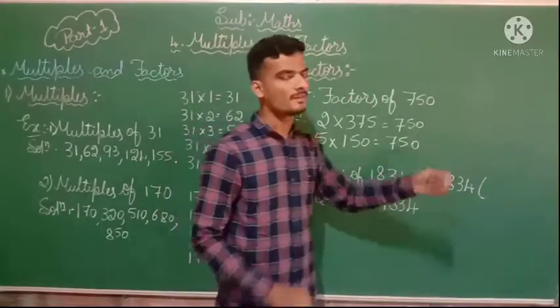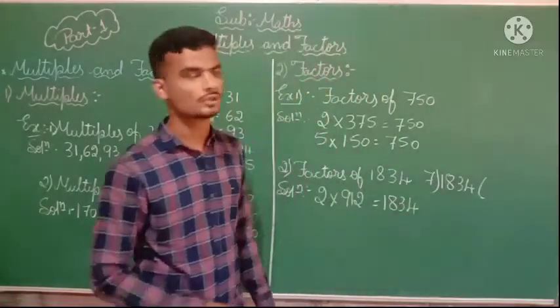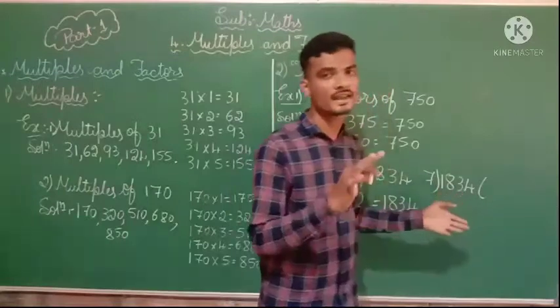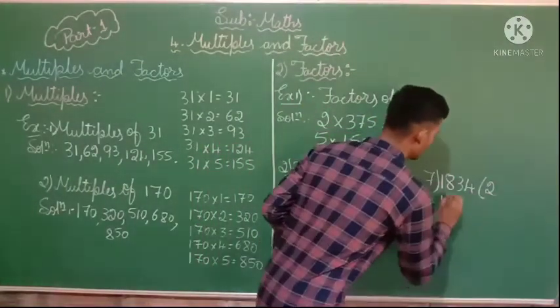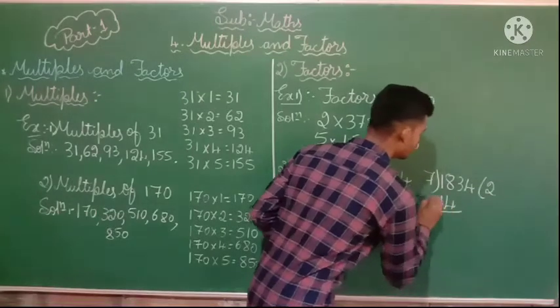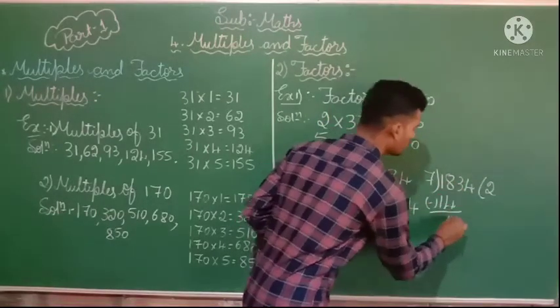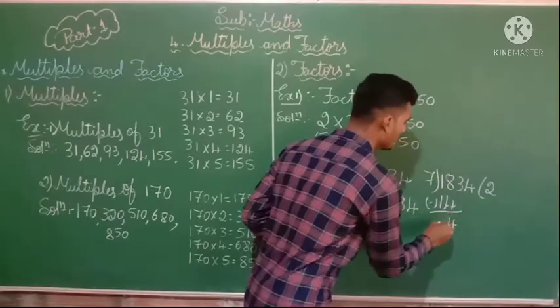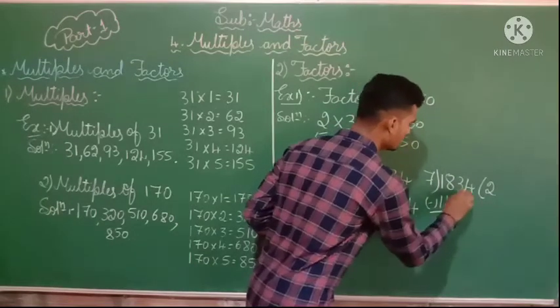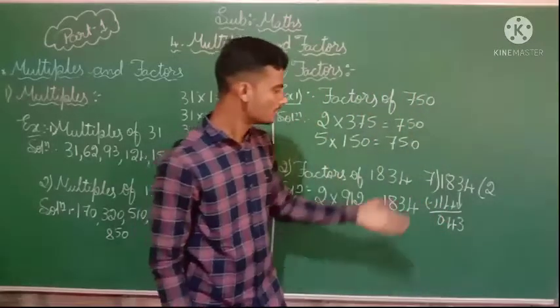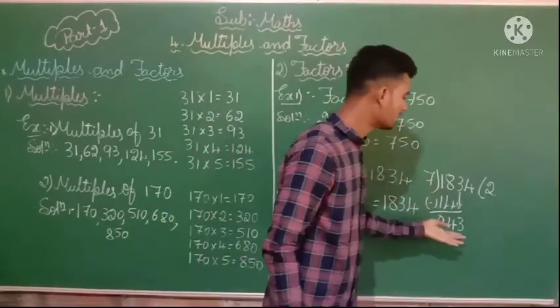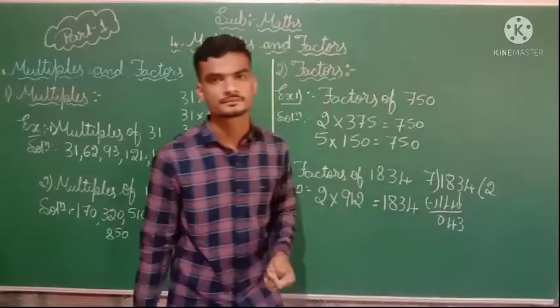Now in the 7 table will you get 18? No, you will not get 18. You will get a number less than 18. 7 twos are how much? 7 twos are 14. 8 minus 4 gives 4. Then 1 minus 1 gives 0. Then here 3 you want to take down. Now in the 7 table will you get 43?